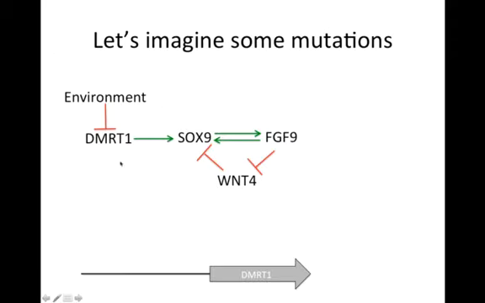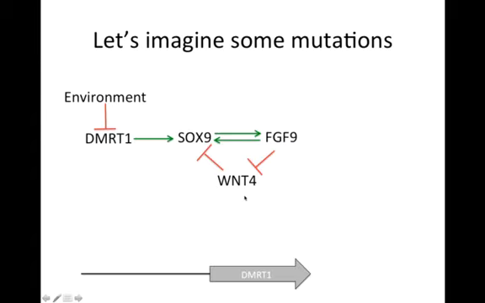And so if we start out with the case where the environment is regulating DMRT1, sorry that I used this block for it. The environment isn't blocking DMRT1, this should more just be a line. It's regulating DMRT1, right? So DMRT1 is being regulated by the environment, and then based on its expression or not, possibly stimulating SOX9. Okay, so let's imagine starting with this circuit.